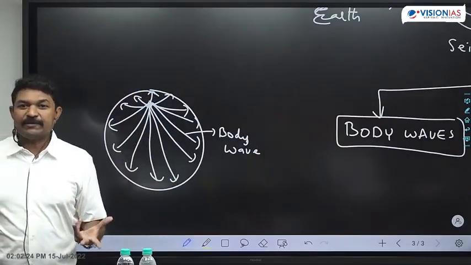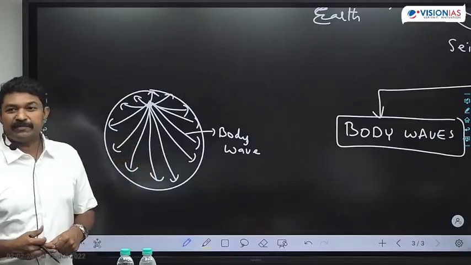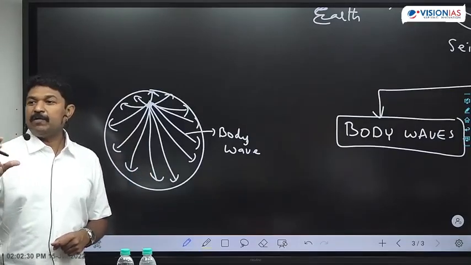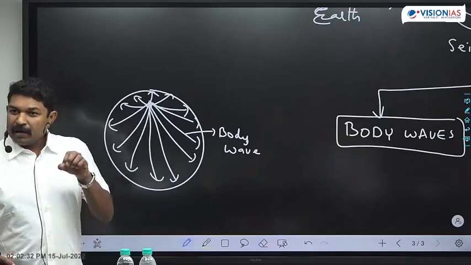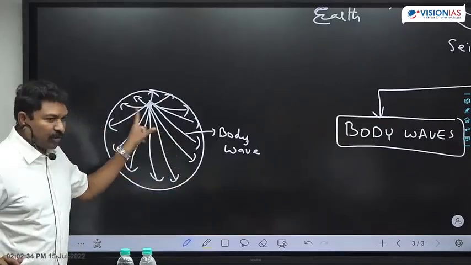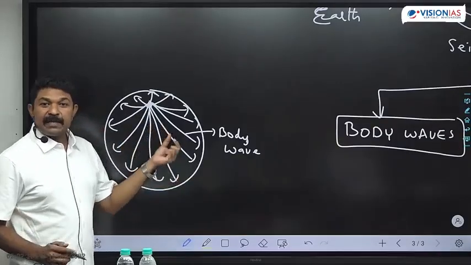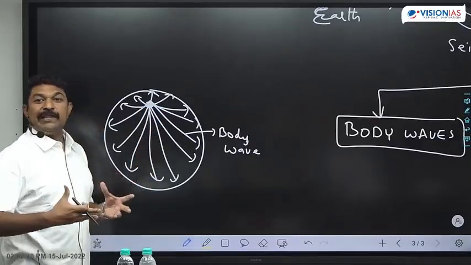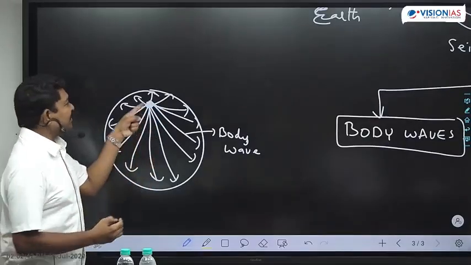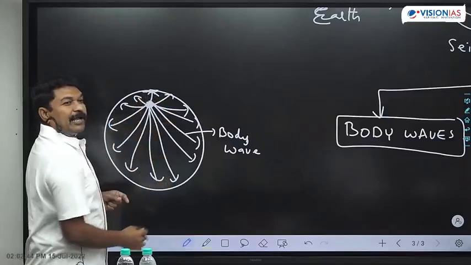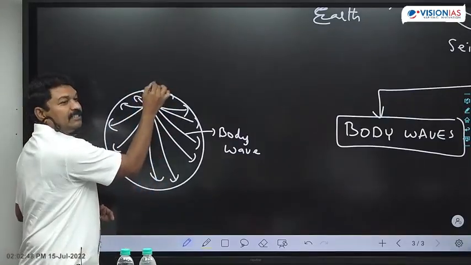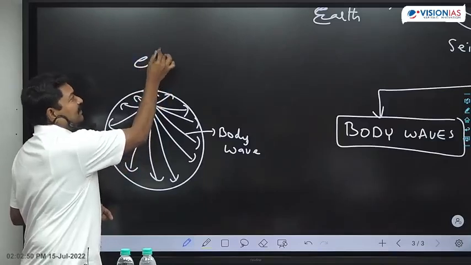Then what are surface waves? Surface waves are nothing but modified body waves. All the waves are basically body waves only, but sometimes the energy comes at once, with great intensity, onto the surface. Where can you find the energy coming at once onto the surface? The area which is called the epicenter.